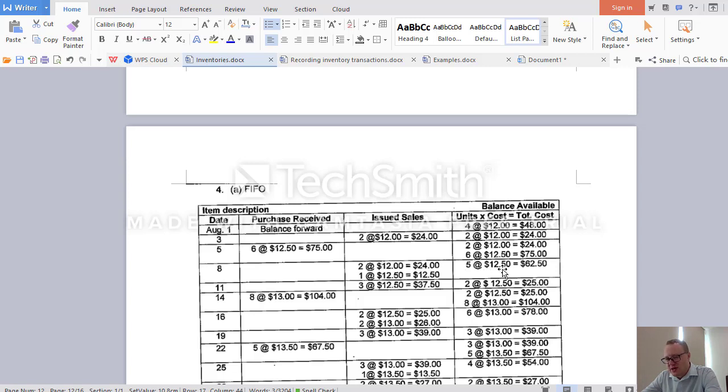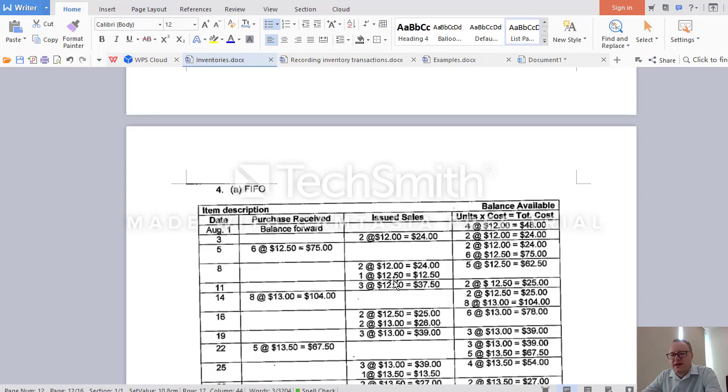You can see here nothing that includes $12. And since you need to sell 3 items and you sold 2 at $12, you still need to sell 1 item from this batch at $12.5. So now you will be left 6 minus 1, 5 at $12.5.